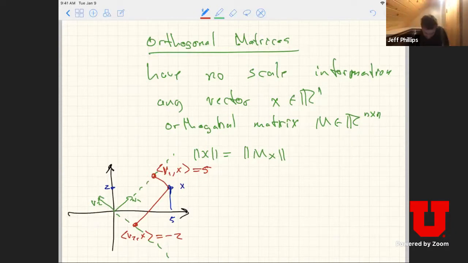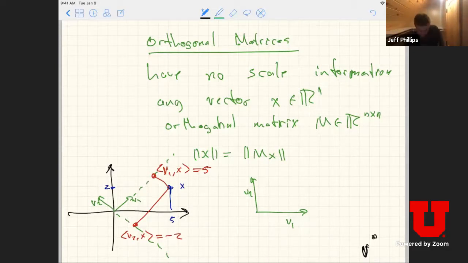I can think of taking this point, and there's a new basis here, v1, v2, and now this point x is going to be 5 and -2 here, right? Or maybe it's out further if those are unit vectors. This V matrix times x is going to be out here if these are the coordinates of the V matrix, right?